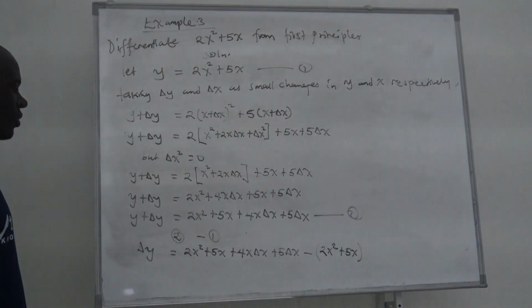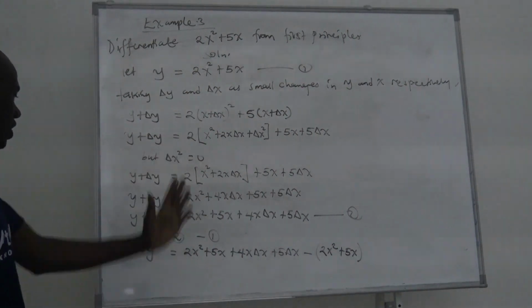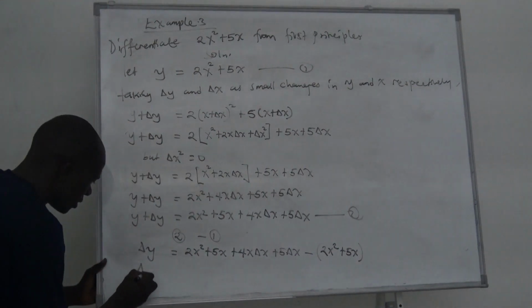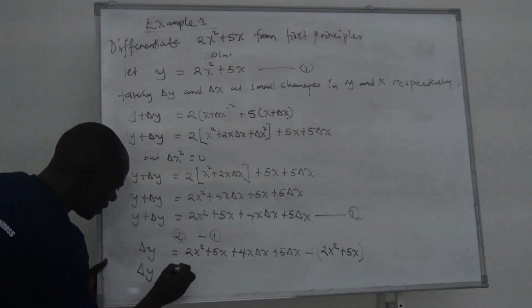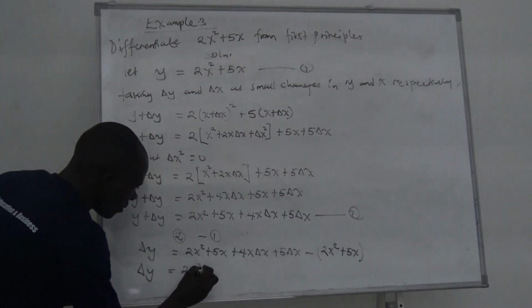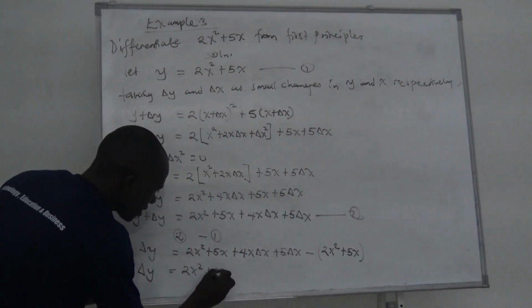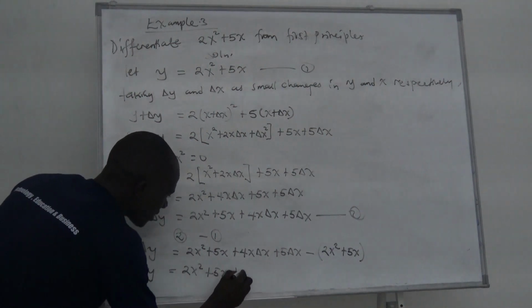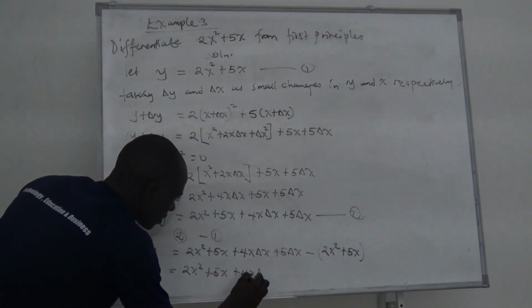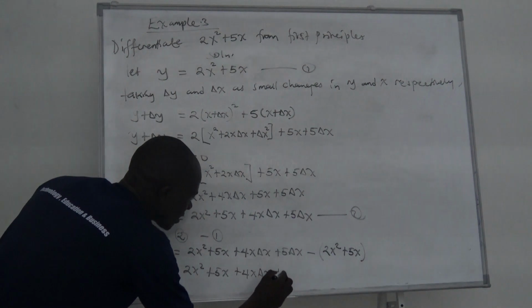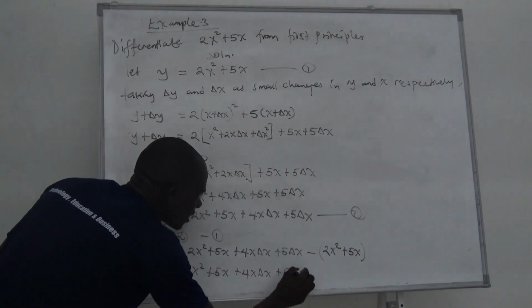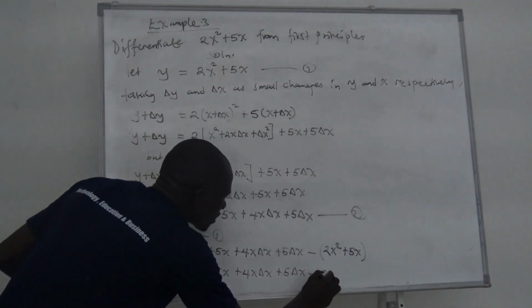Then from there you are free to push in. Let's push in. We remain with delta y equals 2x squared plus 5x plus 4x delta x plus 5 delta x minus 2x squared.